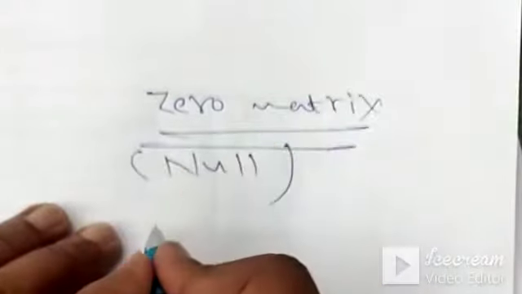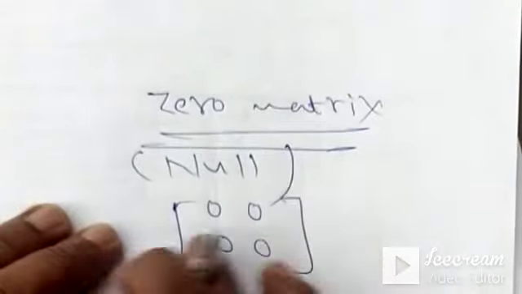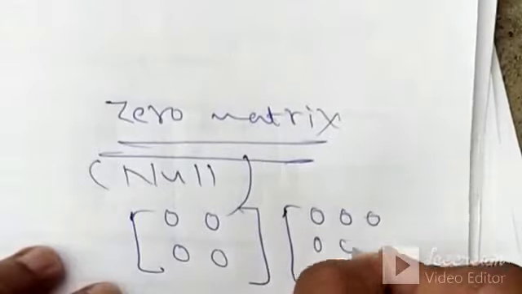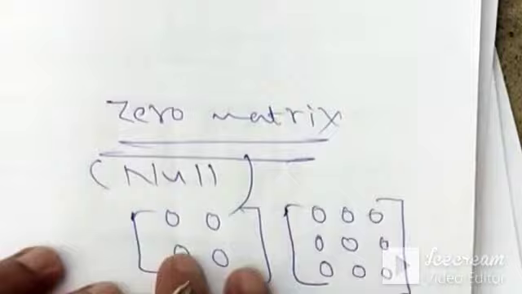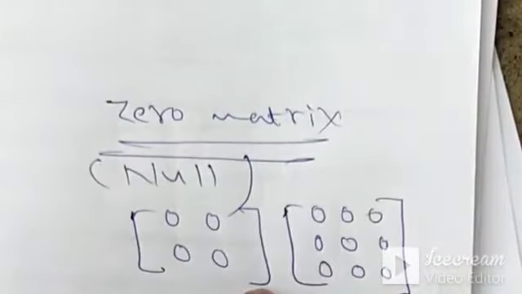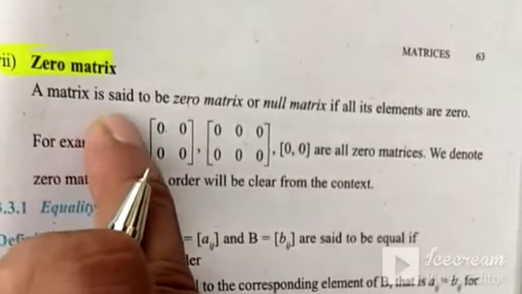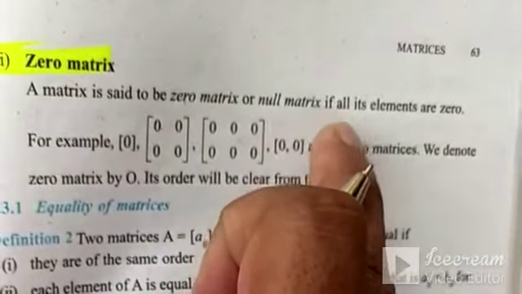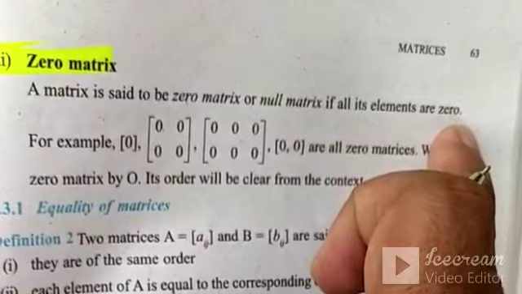All elements are equal to 0. 0 0 0 0, this is a 2 by 2 zero matrix. 0 0 0 0 0 0 0 0 0, so this is a 3 by 3 zero matrix. In the textbook he has given: a matrix is said to be a zero matrix or null matrix if all its elements are 0. Understood?